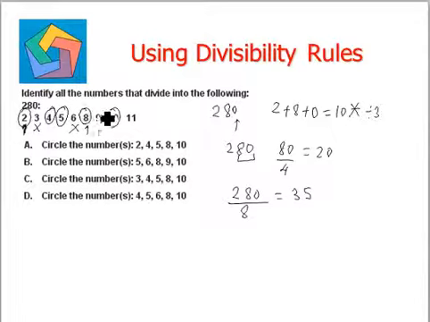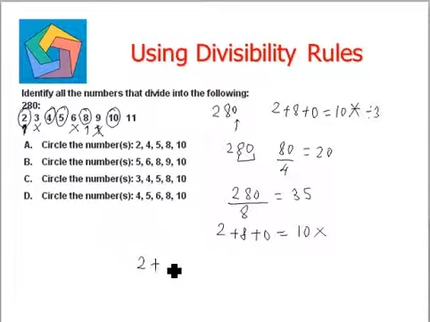For 9 it has to be the total of the digits, that is 2 plus 8 plus 0, which equals 10, which is not divisible by 9. So therefore it is not divisible by 9 also. For 11 we add every second digit, 2 plus 0 minus the remaining digits, which equals 2 minus 8, negative 6.